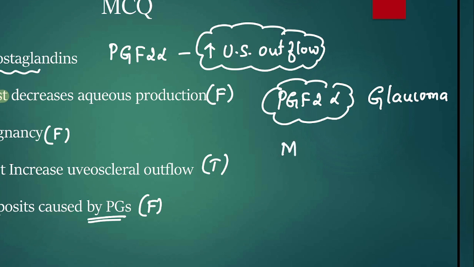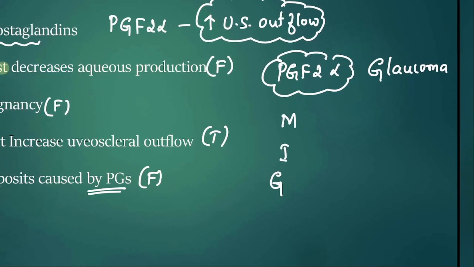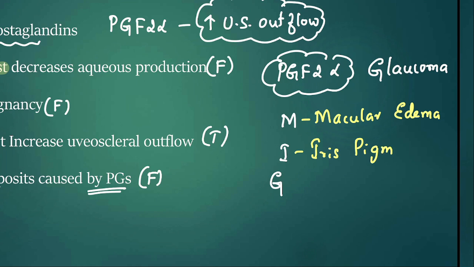Remember the mnemonic MIG. What is MIG for? The drug can cause macular edema, iris pigmentation. It is also called as heterochromia iridis. And G for growth of eyelash.